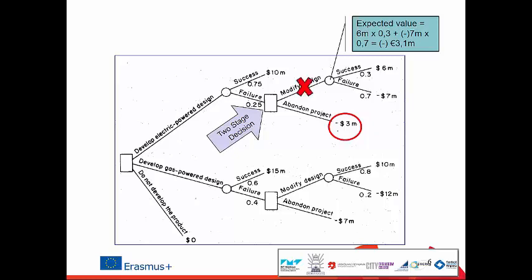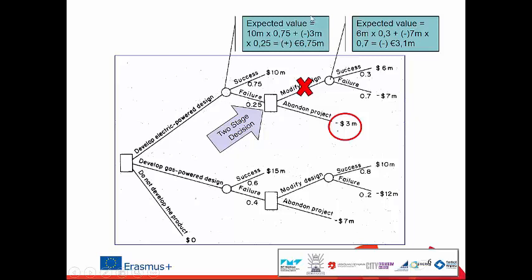So if you go this path, we can exclude modifying the design. We can simply forget about that. So we take the minus 3 million, and that will be the subject for the calculation of the expected value on this chance node.